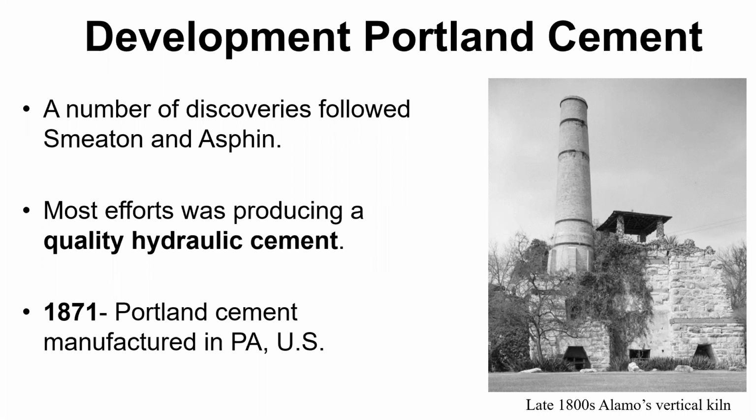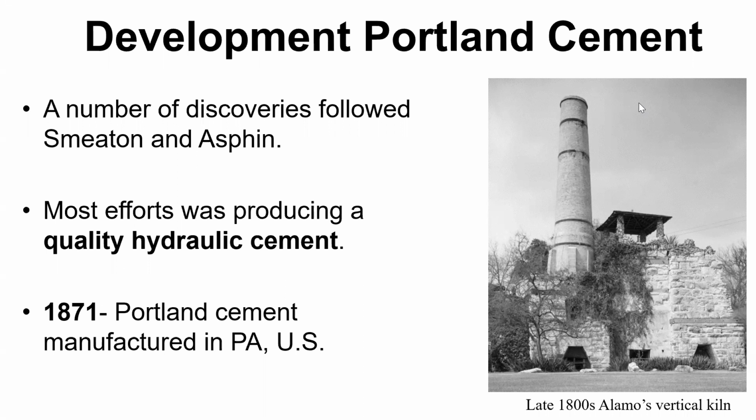It was pretty cool seeing a lot of different old cement plants and the ones that are still around. And there were other cement plants like you see over here. I used to work for Alamo Cement Company. And over on the right, this is what it looked like back in the late 1880s, I believe. This is a vertical kiln that was very, very common back then. This is high tech.